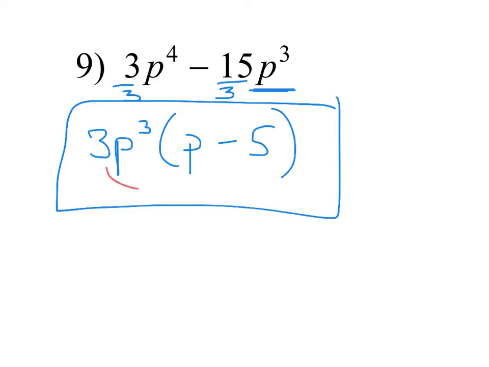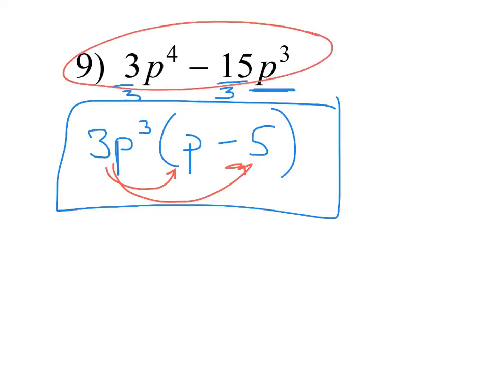If we were to distribute our 3p cubed back out into what's in the parentheses, we will get the same thing as our original equation. So if we have 3p cubed times p, what would that be? 3p to the 4th.